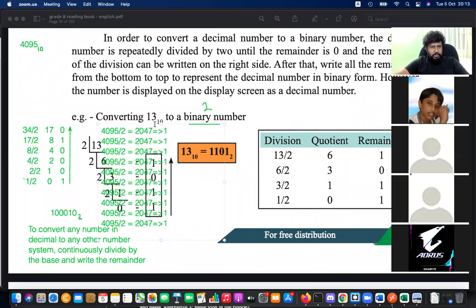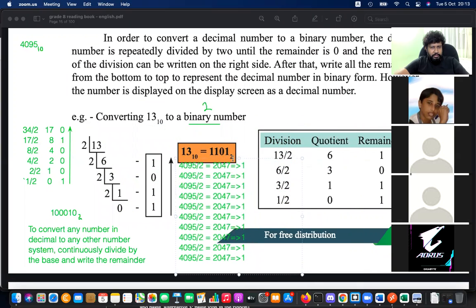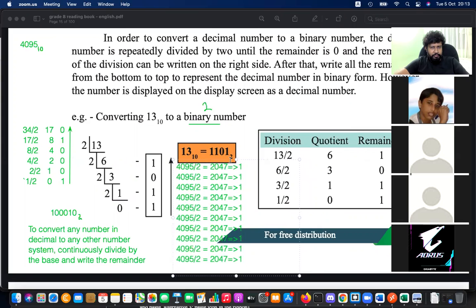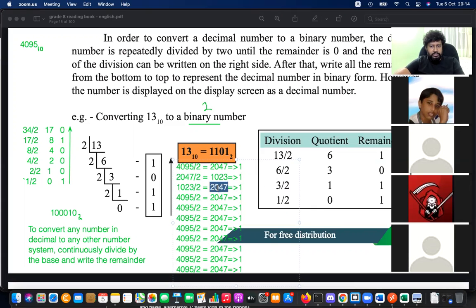Okay, 4095 divided by 2, 2047. Then 2047. ඒක බෙදුවම එනවා 1023. Remaining 1. Then 1023 divided by 2. 511. 511, yes. Remaining 1.